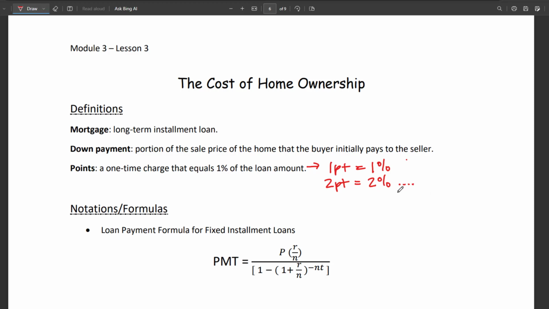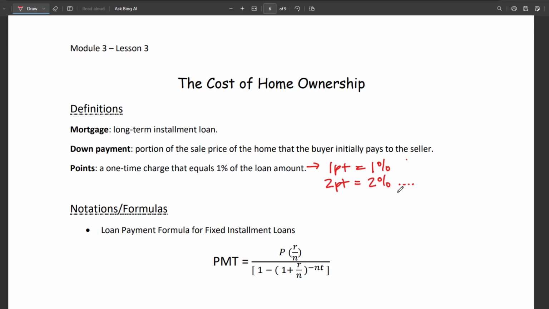Whenever you buy a house, most of the time you have to put a down payment down. Depending on that financial institute, you will have to put some money down to get that loan on the house. Most of the time it's 20%. It can be less.